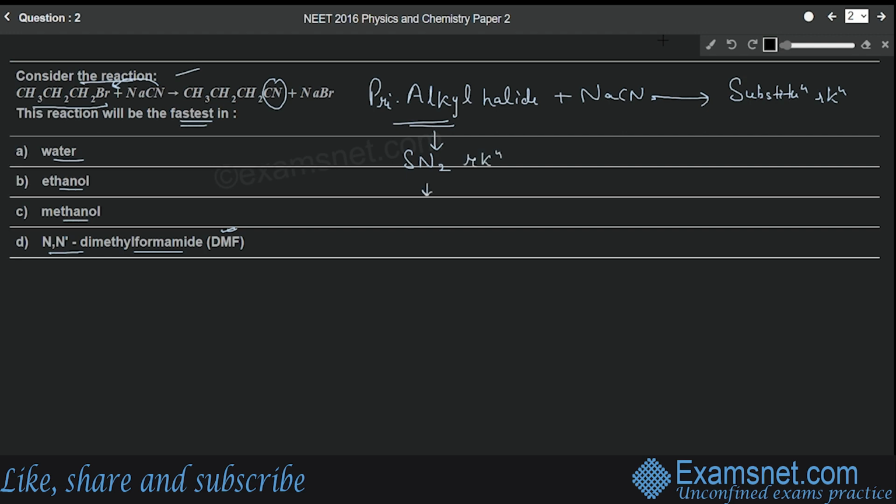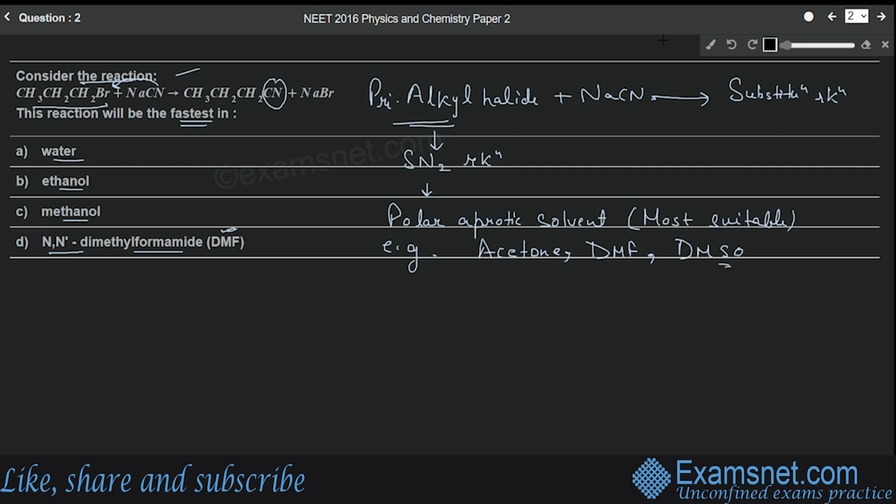And we know that the solvents most suitable for SN2 reaction are polar aprotic solvents. Polar aprotic solvents are the most suitable for the SN2 mechanism. What are the examples of polar aprotic solvents? The examples are acetone, DMF, and DMSO, which is dimethyl sulfoxide.